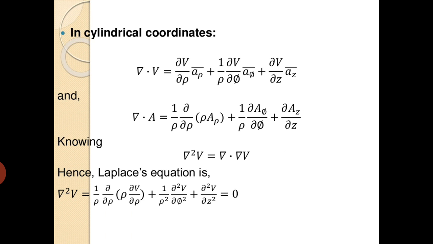Now, just as we evaluated the Laplace equation in Cartesian, the same is done for cylindrical coordinates, right? Del square v equals del dot del v. Hence the Laplace equation is del square v equals 1 upon rho dou by dou rho of rho dou v by dou rho, plus 1 upon rho square dou square v by dou phi square, plus dou square v by dou z square, equal to 0.